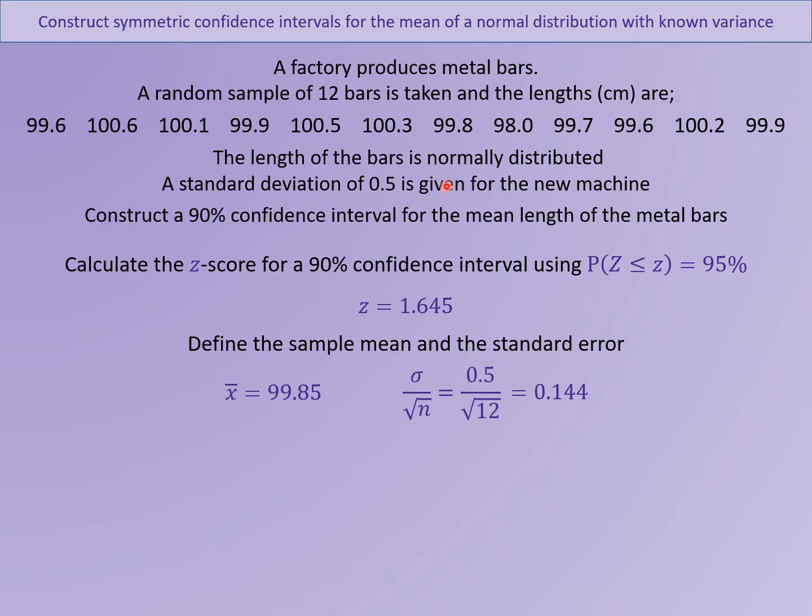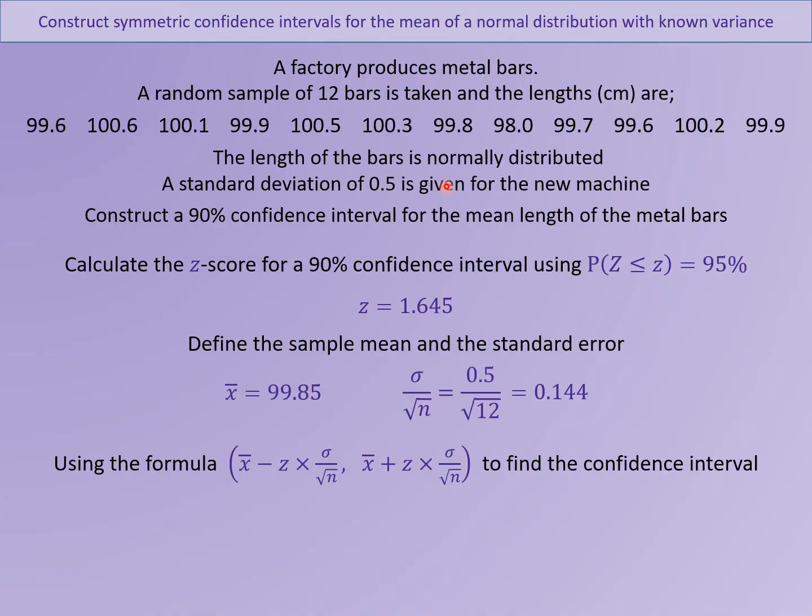Okay, 0.144. Right, so the formula looks like this for a confidence interval. It's going to be your sample mean minus whatever your z-score is, in our case it's 1.645, times by the standard error. And the other side is going to be plus z times the standard error. So it's just the mean plus and minus these two parts just here.